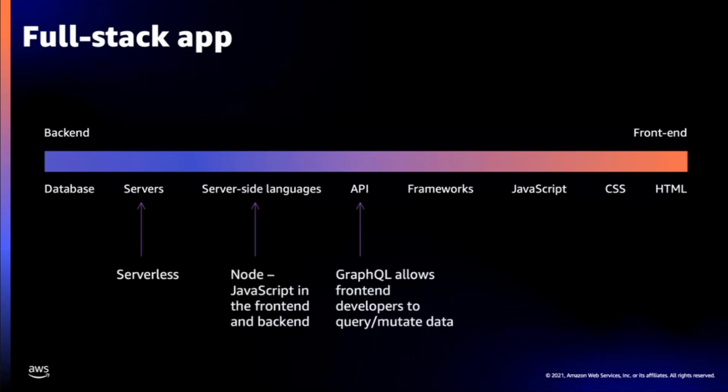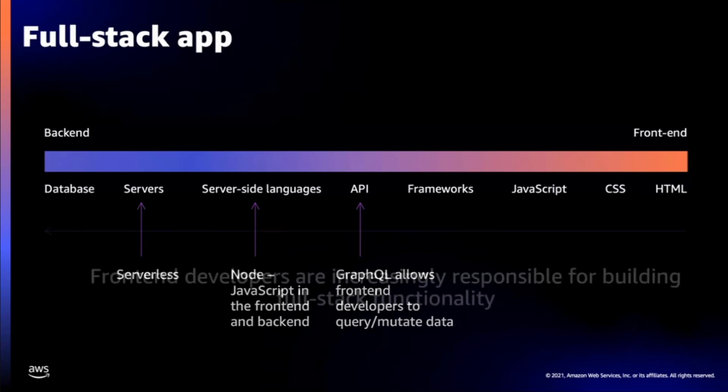And there are different evolutions of technologies that have made these backend concepts more and more approachable for front-end developers, like GraphQL for APIs, Node.js to allow front-end developers to use the language they already know and love in their backend, and capabilities like serverless so that there's not even anything around DevOps that they really need to care about when they get started.